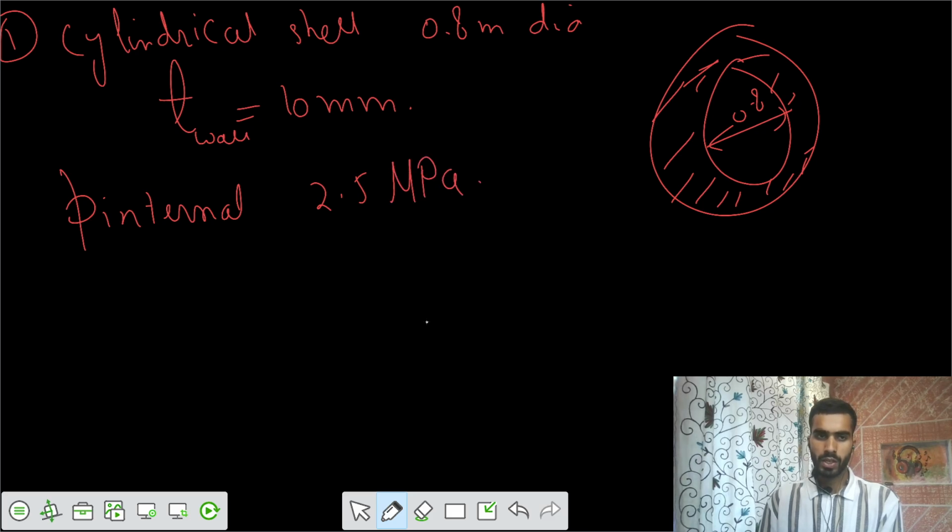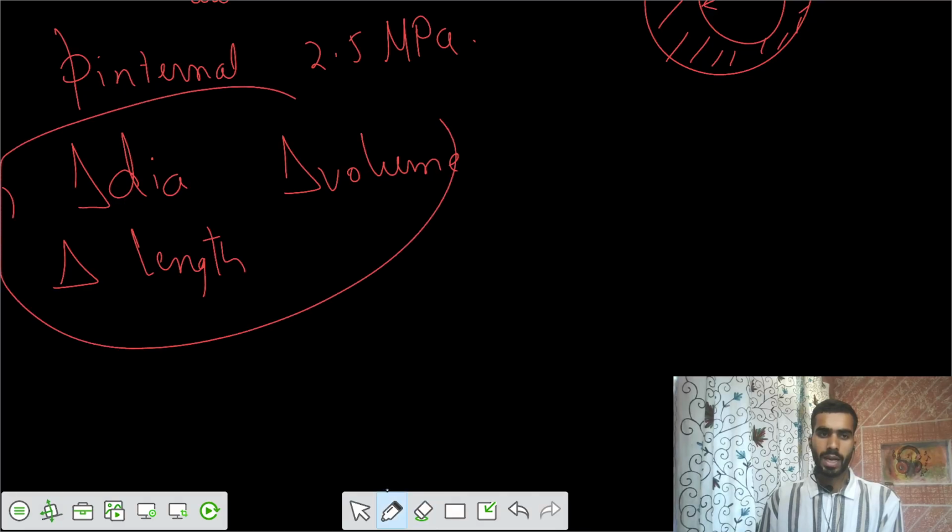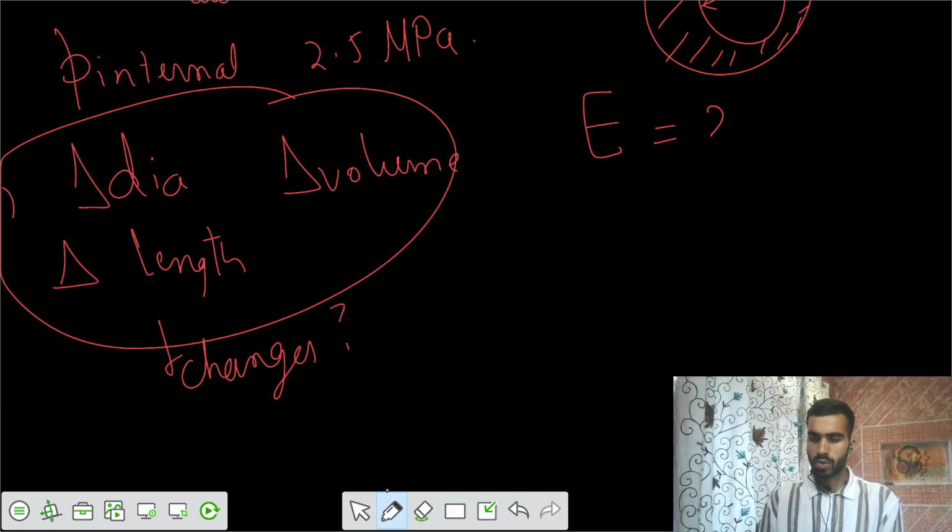And you need to calculate the change in diameter, change in length, and change in volume. You have the data of E equals 200 gigapascal, Poisson ratio of 0.25.